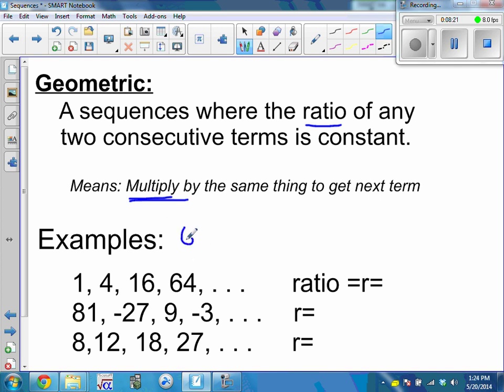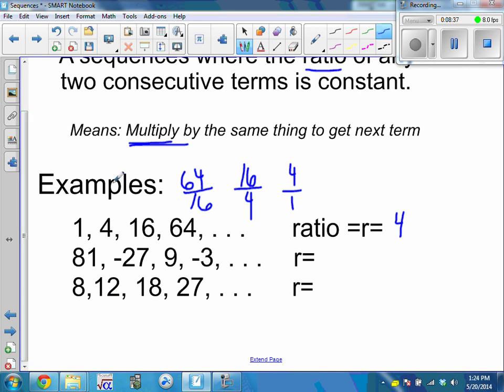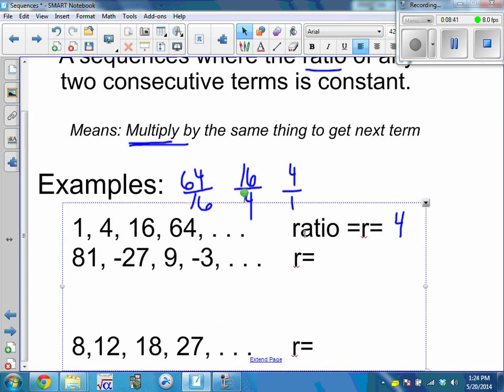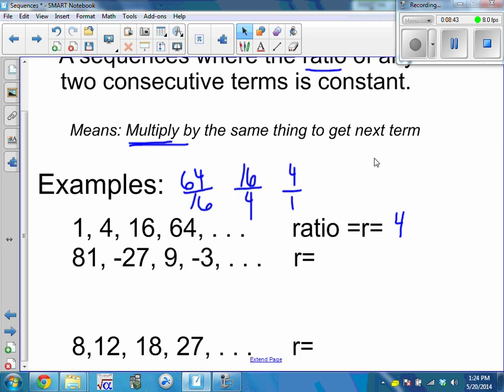We would have 64 divided by 16, 16 divided by 4, 4 divided by 1. So this first sequence, my ratio is 4. If we look at the next one, and I do the same type of thing.